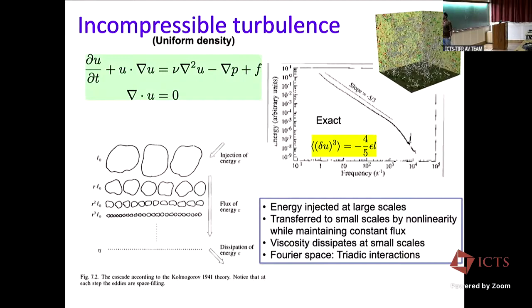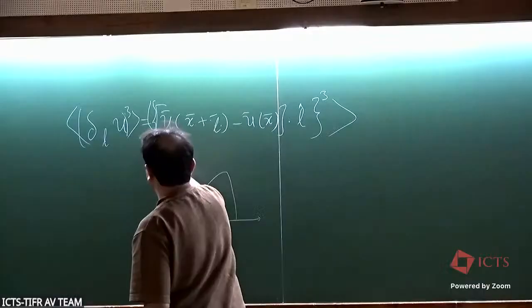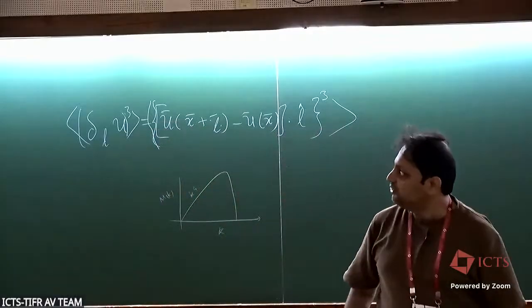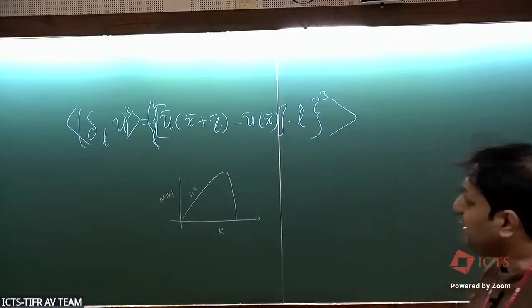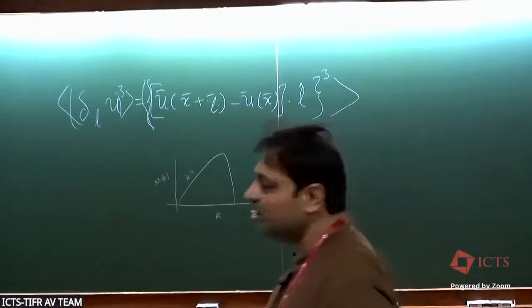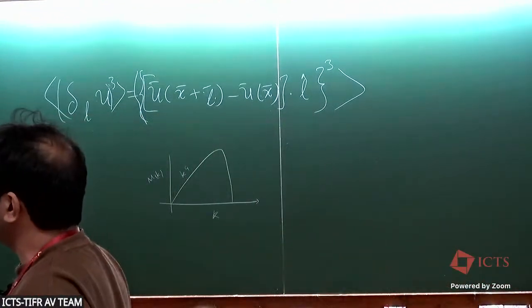Okay. And what we're calculating, when we say cube, is nothing but, let me call it, delta U dot L unit vector, and you raise it to the cube and then do a spatial averaging. Okay, so that's what they do. And there Kolmogorov was able to show the exact relation that delta U cubed goes as -4/5 epsilon L.